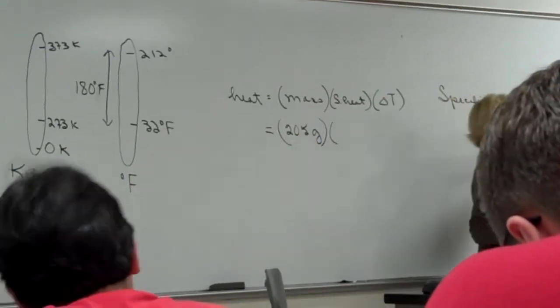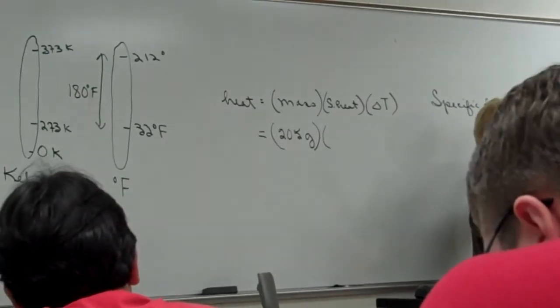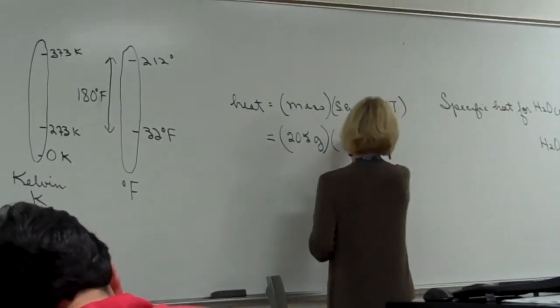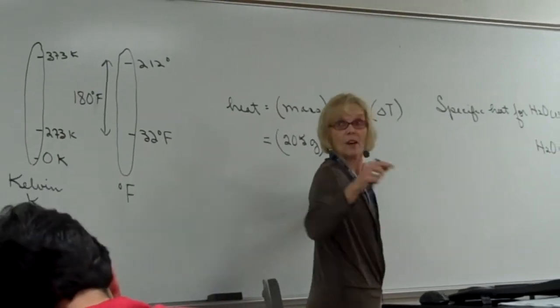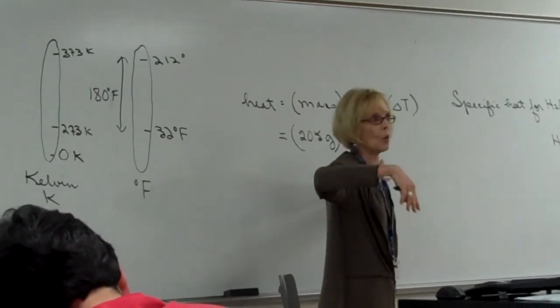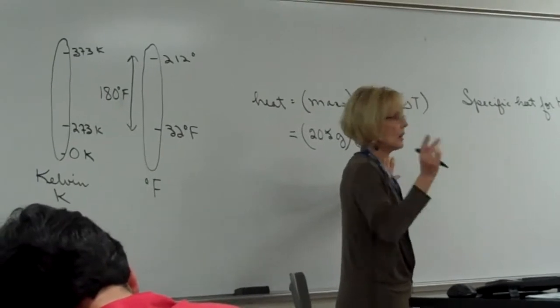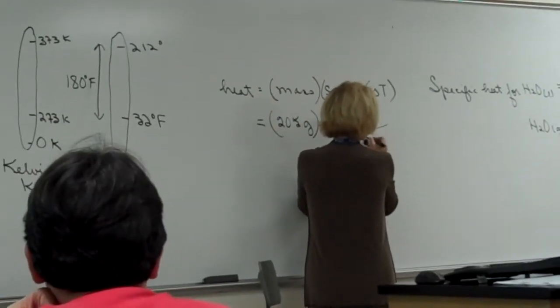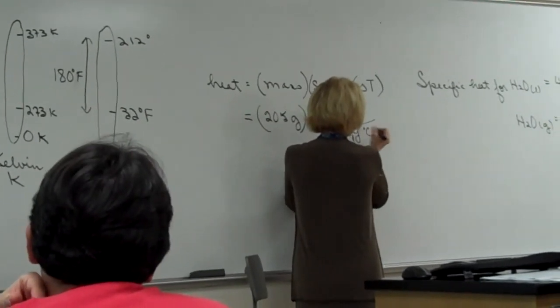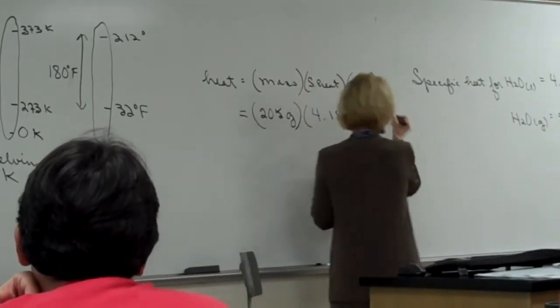Specific heat of water is a constant that we can look up. So I put in 4.18, because this is liquid water. If they don't say something about gas or ice, then assume it's liquid water, and the units are joules per gram per degree Celsius.